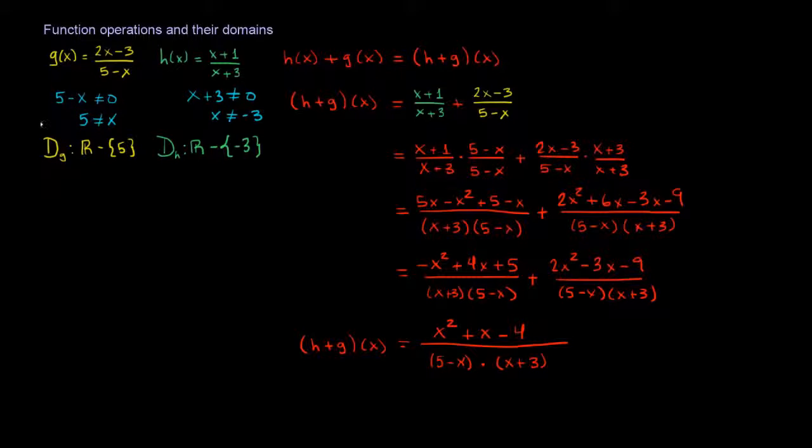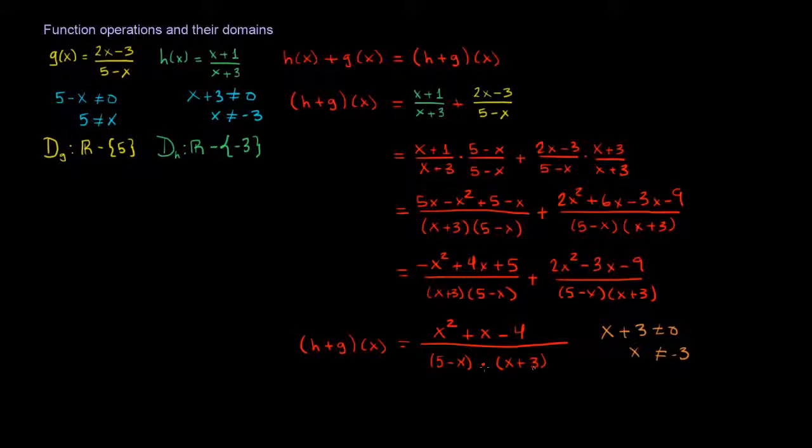Now, what about the domain here? We want to use orange here. The domain of this operation, as we have these two terms down here, we have to take each of them and make sure they are different from 0. With this one here, I'm making it different from 0.